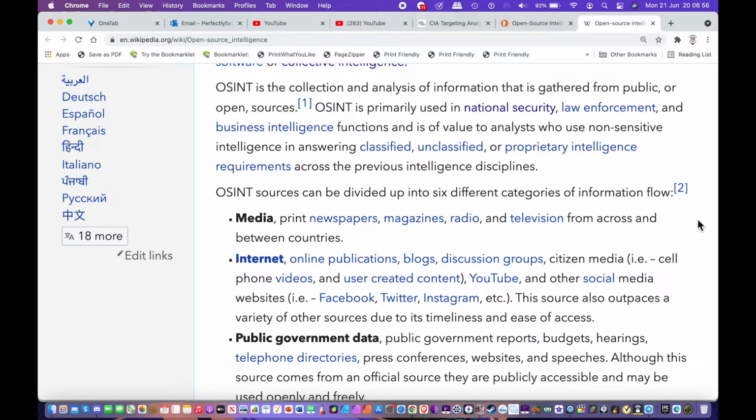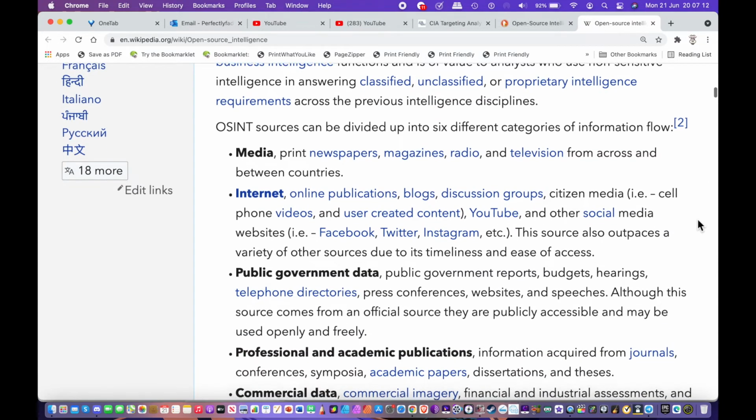OSINT sources can be divided up into 6 different categories of information flow. Media, print newspaper, magazines, radio and television from across and between countries.